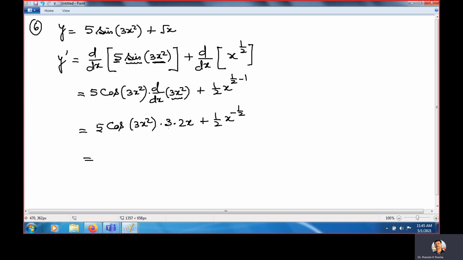Simplify. 5 into 3, 15. 15 into 2, 30. 30x cosine 3x power 2 plus 1 upon 2, and x power minus 1 upon 2 is square root x with a negative sign, so it goes to the denominator. Class, 30x cos 3x square plus 1 upon 2 square root x.